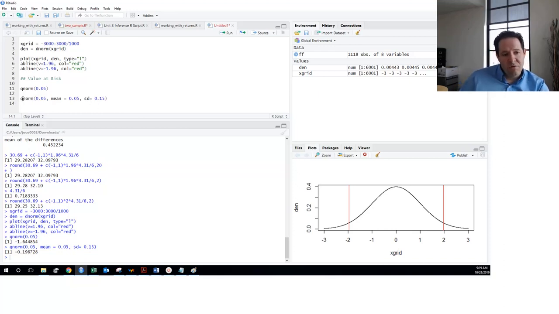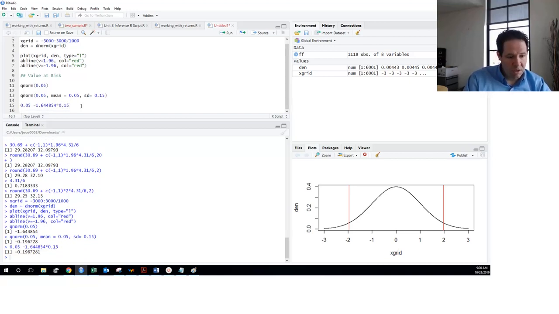Then qnorm will compute what number is 1.645 standard deviations below the mean. To illustrate, let's do that calculation by brute force: 0.05 minus 1.645 times the standard deviation gives you the same number as qnorm. This built-in function gives you the value at risk, and it's just a quantile of a normal distribution.